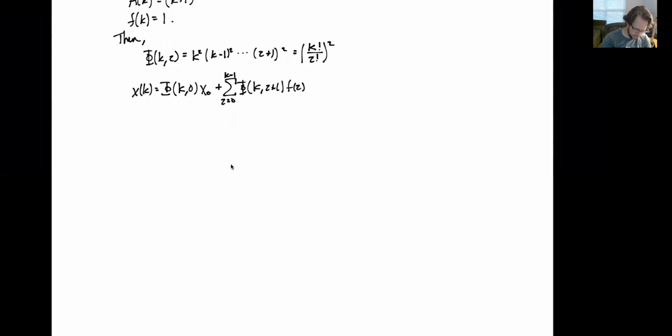All right. So now plugging in what we have gives us k factorial over 0 factorial squared times 1, which is the initial condition, plus the sum from tau equals 0 to k minus 1 of k factorial over tau plus 1 factorial, and then this whole quantity squared, times 1, which is the definition of the forcing function for all time.